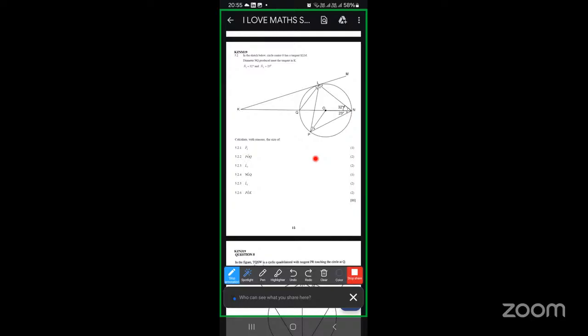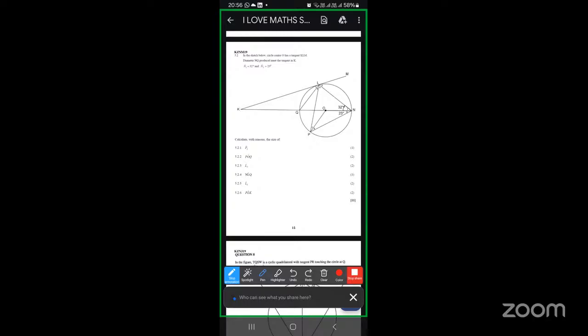Therefore, this angle P2 is equal to that angle right there, angle N2. The reason being base angles of an isosceles triangle, or angles opposite equal sides. Then after you are done with the radius part, you go for C in your DRCPT, which is the cyclic quad. Is there a cyclic quad here?